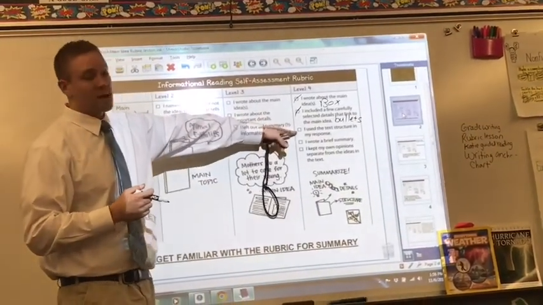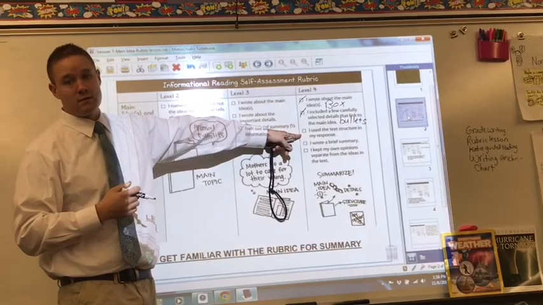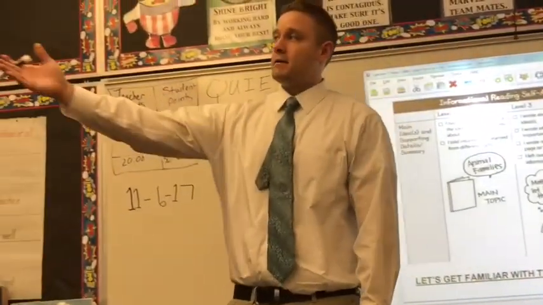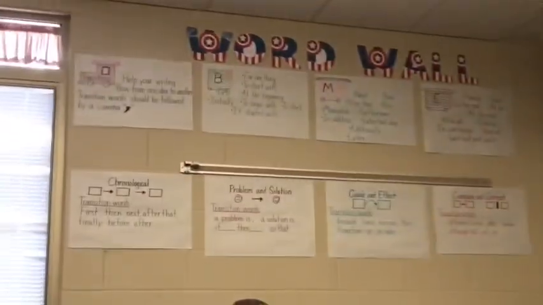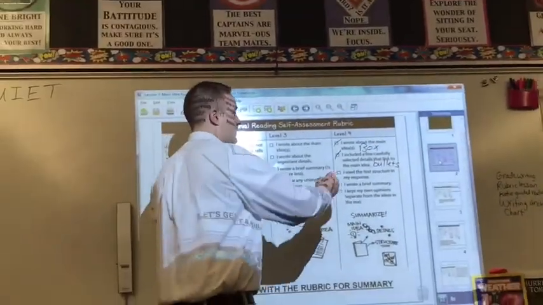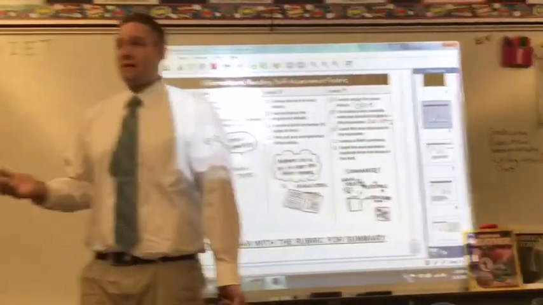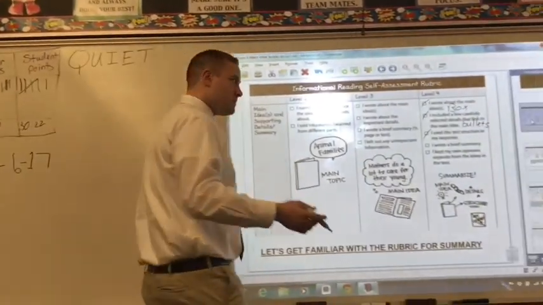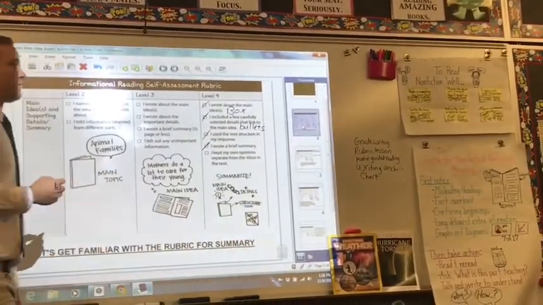Did you talk about what type of text structure it is in your summary? Again, you guys know where to find text structure, right over there on anchor charts. Is it chronological? Is it problem solution, cause and effect, or compare and contrast? Did you write a brief summary on the article? If you did, you would mark yourself off.